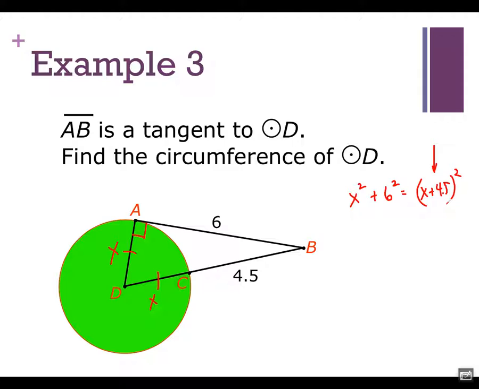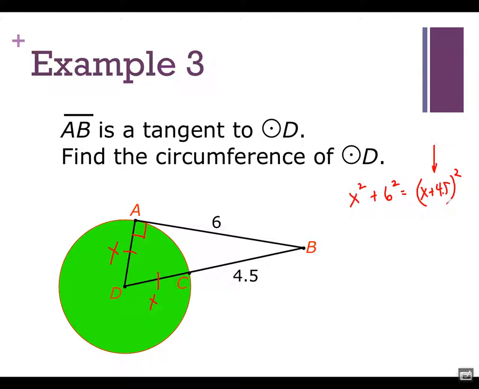What's that squared? x squared plus 9x plus whatever 4.5 squared is. Not x squared plus 4.5 squared. Remember, you've got to FOIL this or do first term squared, the two terms multiplied together and doubled, and square the last term. Solve the quadratic.